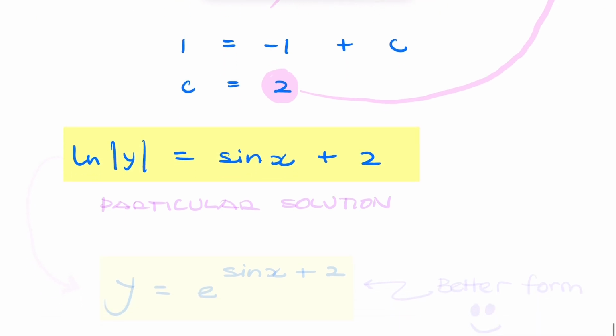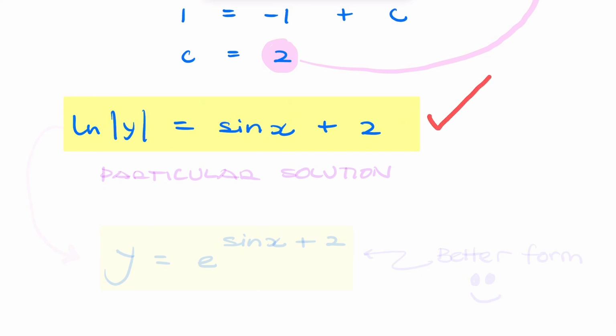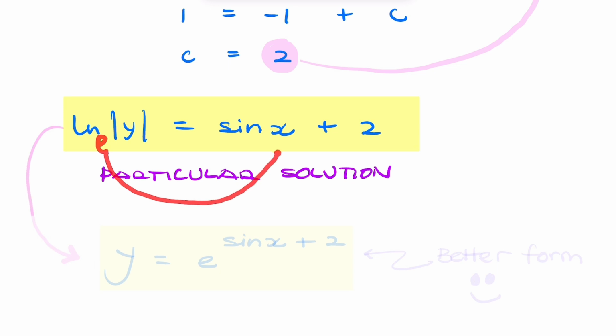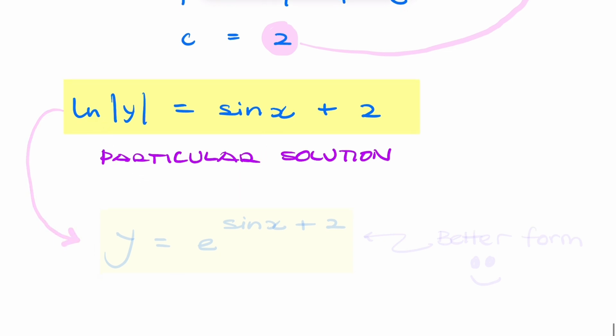Although you might want to simplify it further to make y the subject of the formula, i.e. to take exponentials of both sides or apply the definition of ln. So you have y is equal to e to the power of everything on the right-hand side. That might be a more acceptable form of the particular solution.